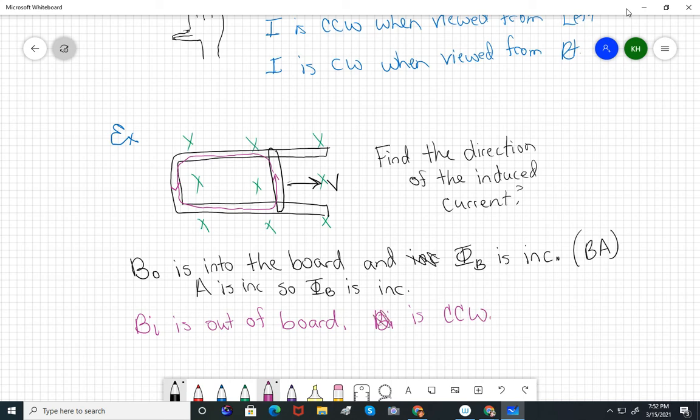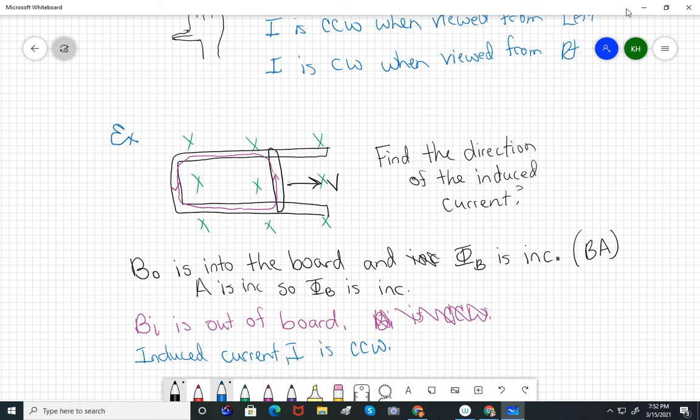Okay. By pulling that conducting rod to the right, we're increasing the area.